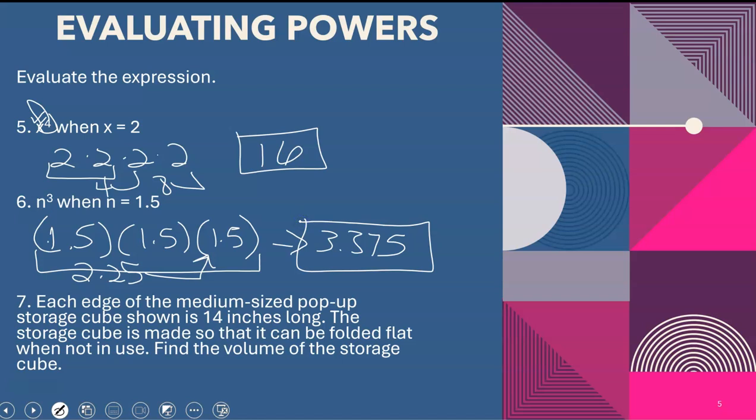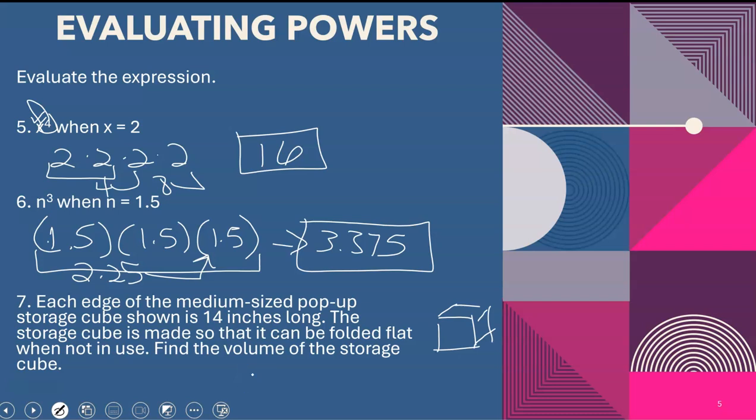All right, last one. Each edge of the medium-sized pop-up storage cube shown is 14 inches long. Here you go, just a little cube. The storage cube is made so that it can be folded flat when not in use. Find the volume of the storage cube.